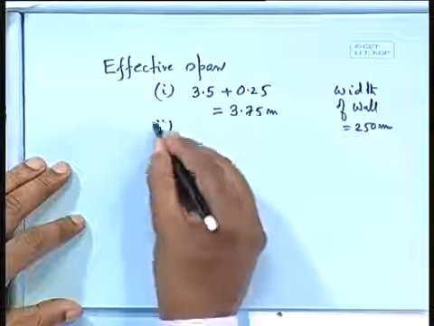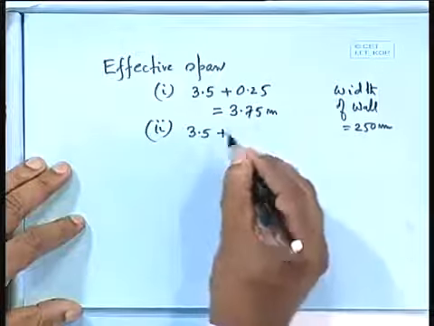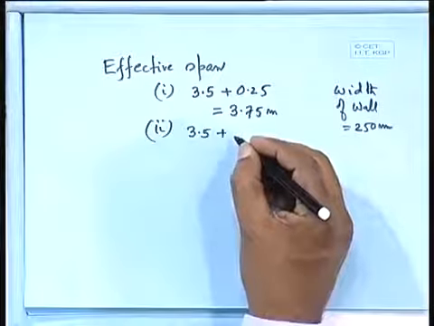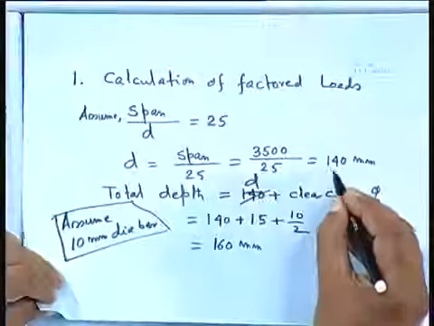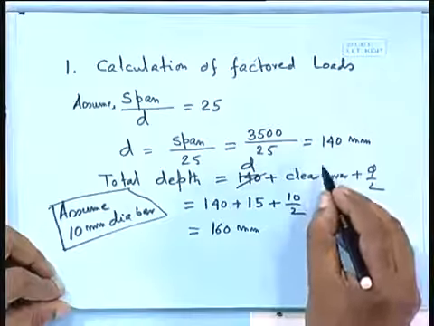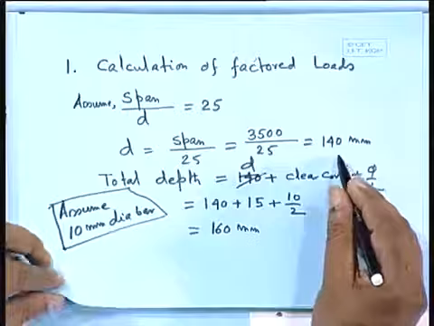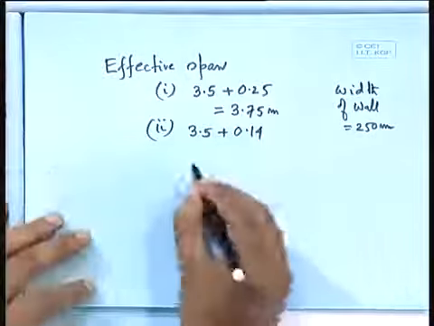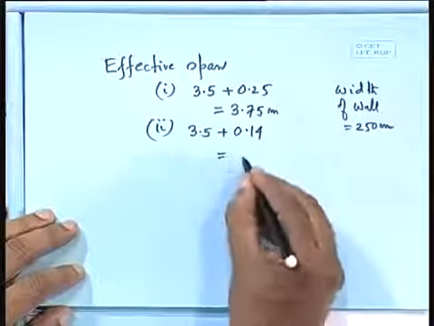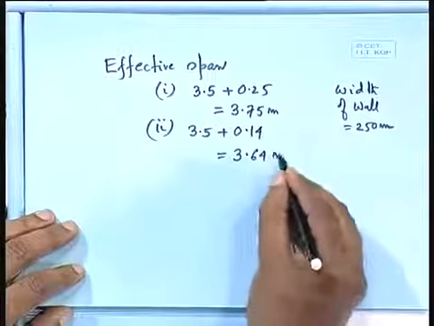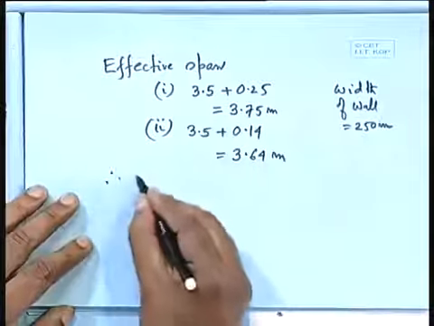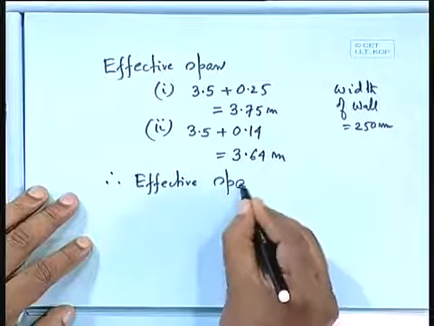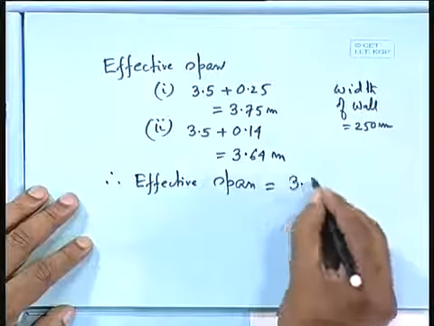The other one is 3.5 plus effective depth. Effective depth we have computed as 140 millimeter. So, we can take it as 0.14 and this comes as 3.64 meter. Therefore, effective span equal to 3.64 meter.